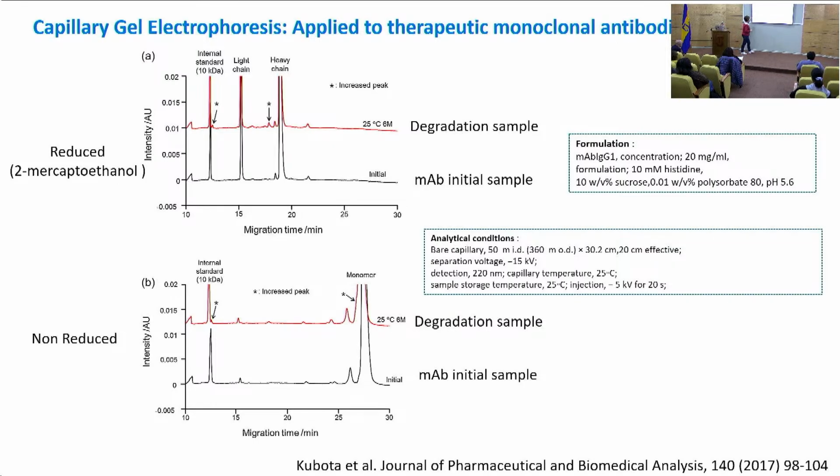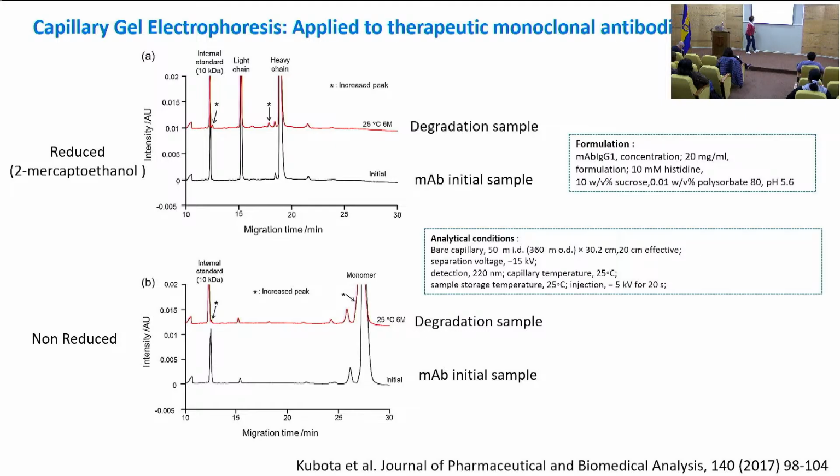Here is the non-reduced mAb, and you can see the initial mAb and here the degraded sample, but without the reduction step, we can see that the result is not ideal. Probably we have something here, an increased peak, but you really have to pay a great deal of attention to notice it.